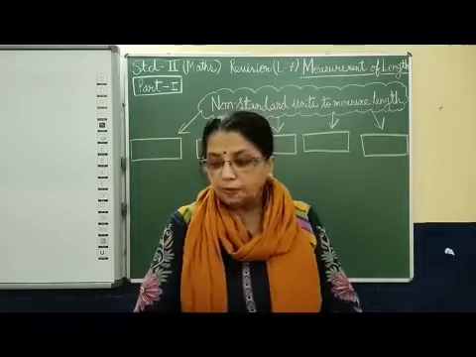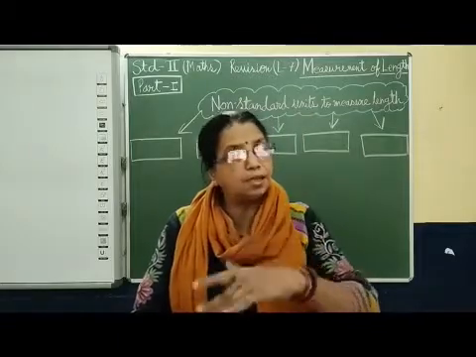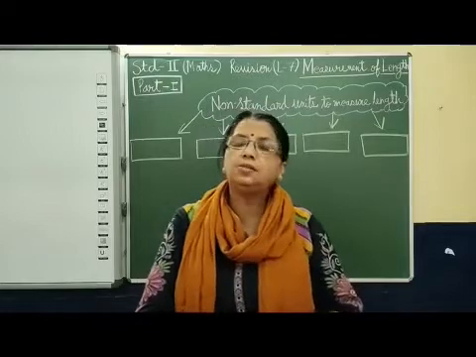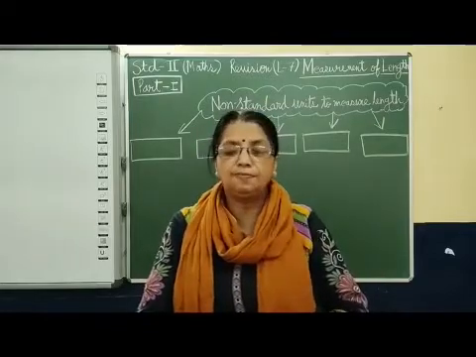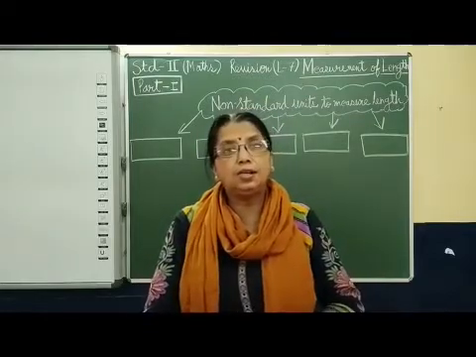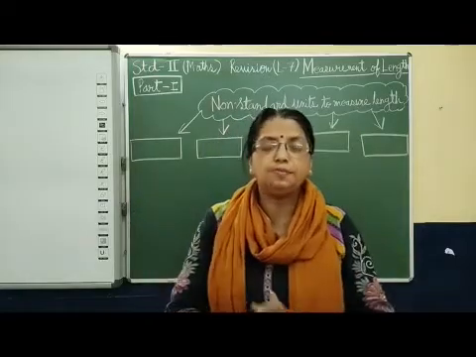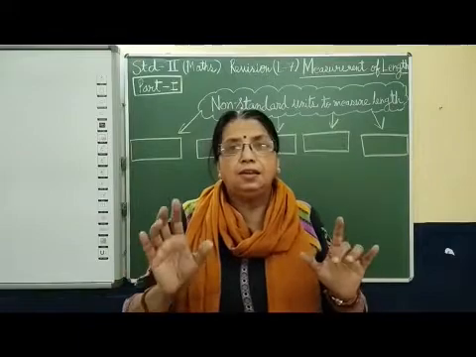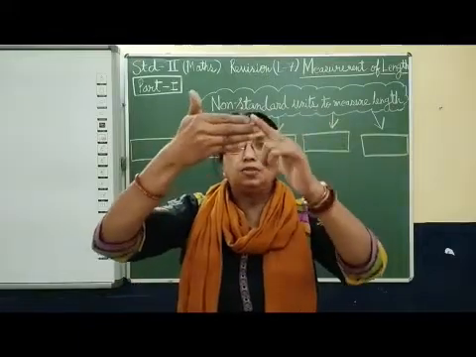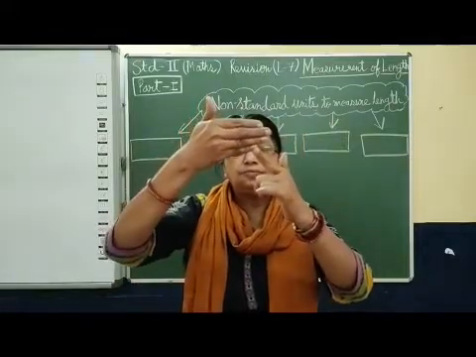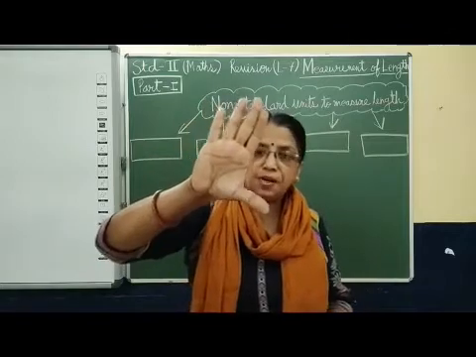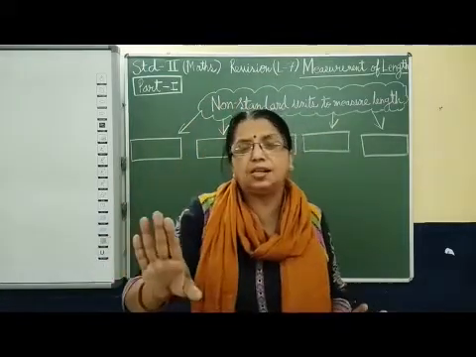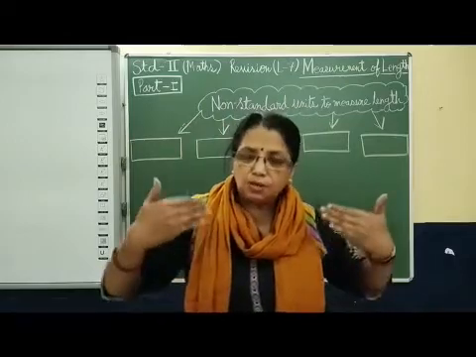So here, first of all, whatever we have learned we will revise once again, that is non-standard units of measuring length. Non-standard units with the help of our body parts, isn't it? In our hand we have fingers, through fingers we are measuring. Then this is handspan, through handspan we are measuring. These all are non-standard units with our body parts.